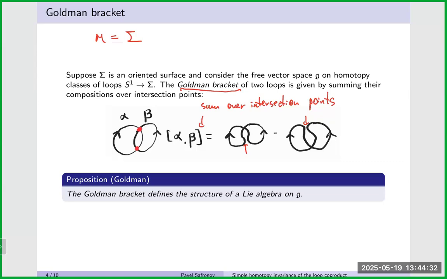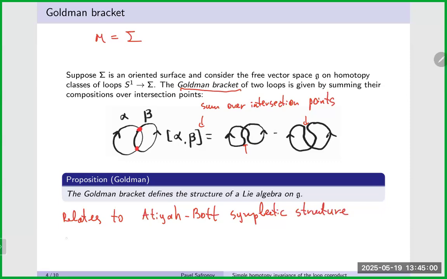If you've seen this Goldman bracket, you might have heard about a connection. The reason Goldman chooses this bracket is that it relates to what's called the Atiyah-Bott symplectic structure. It's an explicit way to compute this Atiyah-Bott symplectic structure on character varieties of surfaces. Let me write the simplest character variety, the GL_N character variety.